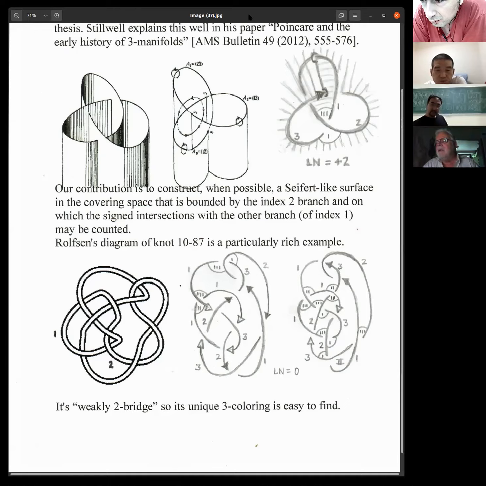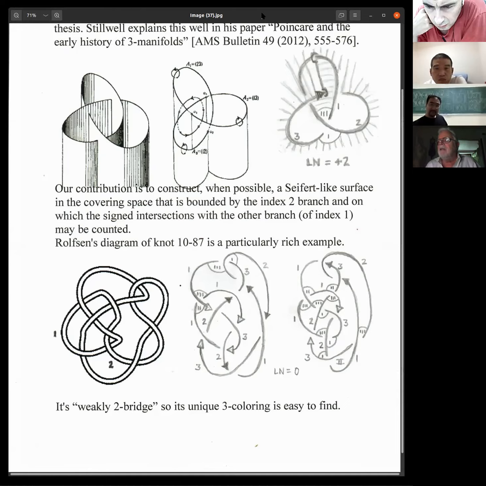But if I do it the other way, as indicated on the lower right-hand diagram, by starting in the upper left-hand crossing and lifting the top to copy 2 instead of 3 and the bottom to copy 3 instead of 2, then as I proceed to extend that around the knot, I have to do different things in order to avoid what might be called unconnected Seifert circles in the covering space.